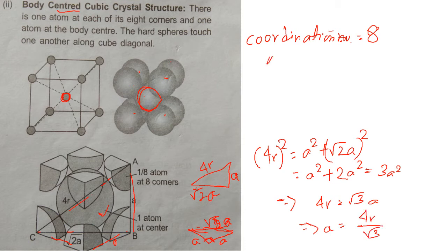Atomic packing factor equals number of atoms into volume of each atom by volume of cube.